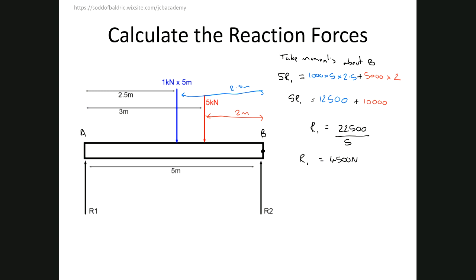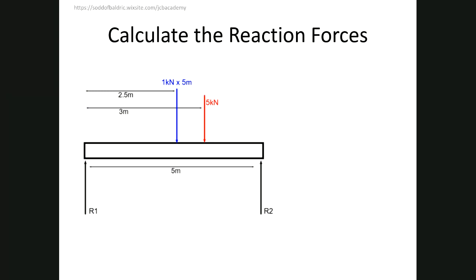Now we take moments about A, so I'm going to clear all this off. I'm going to shorthand myself, so moments about A. And taking moments about A, I'll put my A and B back in. This time R2 is going to be driving it anti-clockwise, whilst this force is going clockwise and this force is going clockwise.